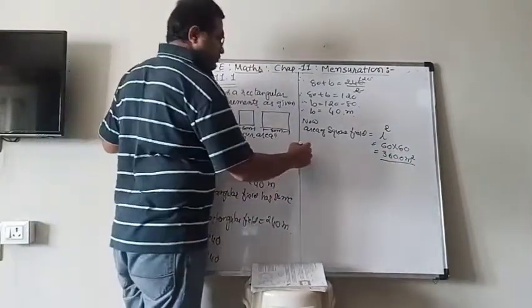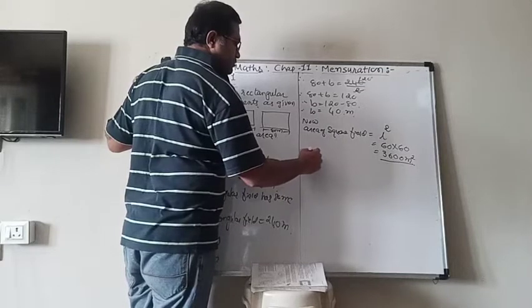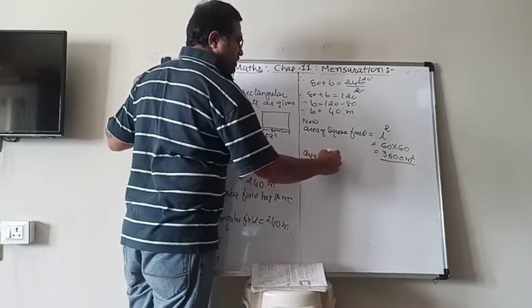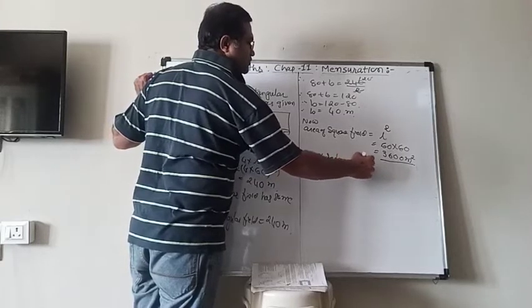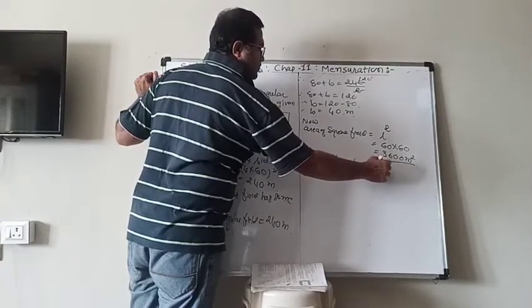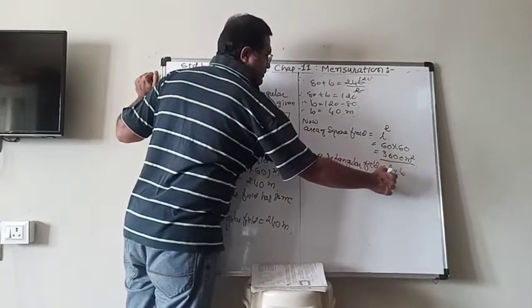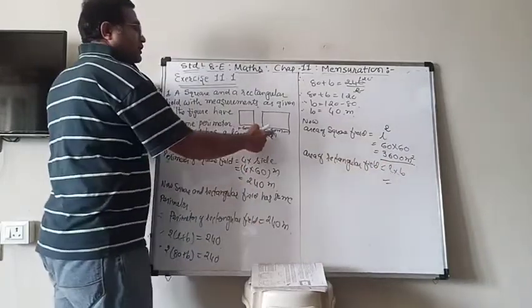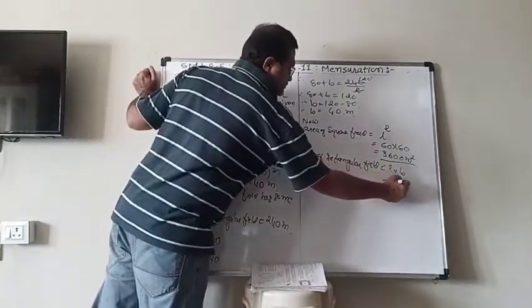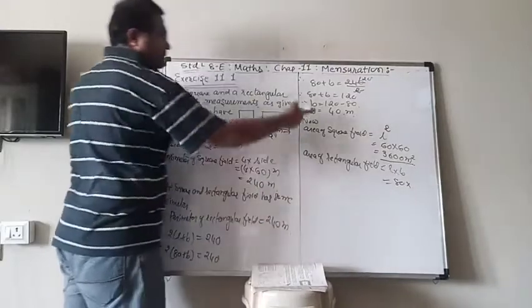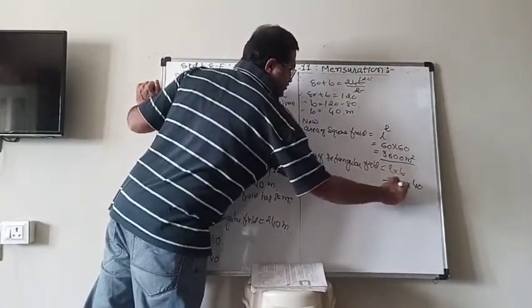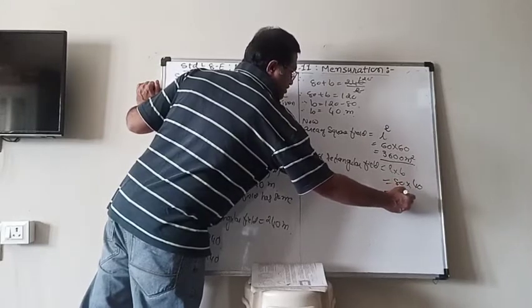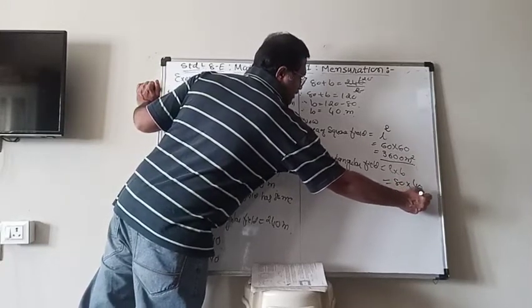Now the area of a rectangular field is length multiplied by breadth. We have length 80 meters multiplied by breadth 40 meters. So 8 4s are 32, so 3200 meters square.